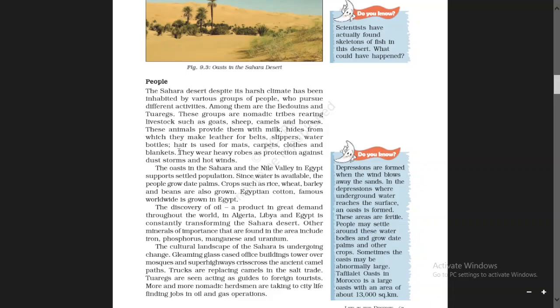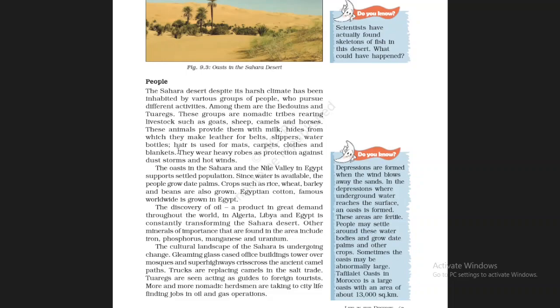Hide means skin, slippers means chappal, and the hair of those animals is used for making mats, carpets, clothes, and blankets.